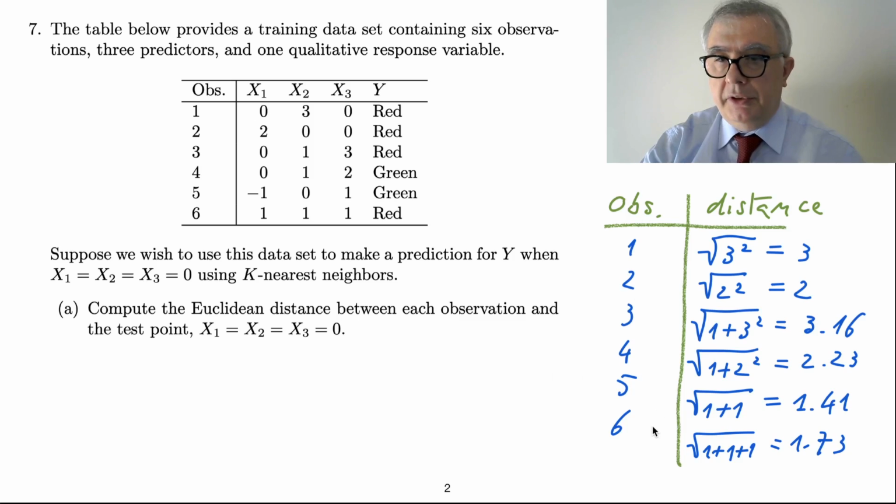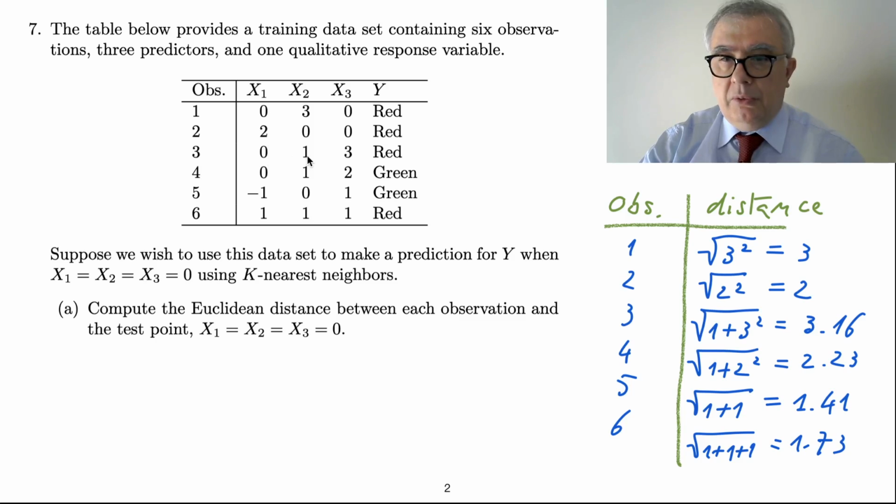So here I have the observations and I have to compute a Euclidean distance. Here you have 0 squared plus 3 squared plus 0 squared, everything under the square root, and therefore the result is 3. Here I have the square root of 2 squared.